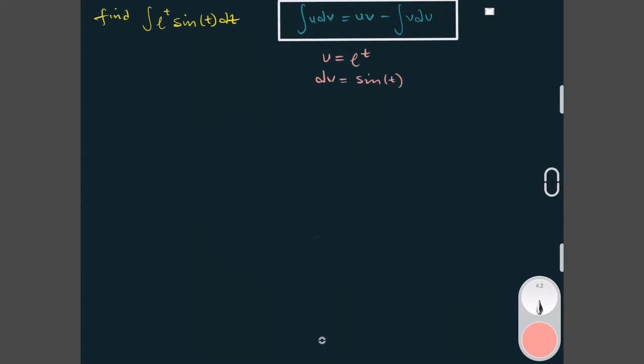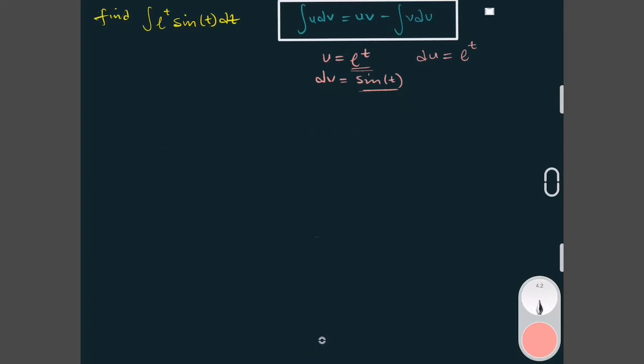So this tells us that sine of t is the derivative of something, right? And e to the t is an antiderivative of something. So we pick those two, and this tells us that du must be equal to e to the t, because the derivative of e to the t is just e to the t.